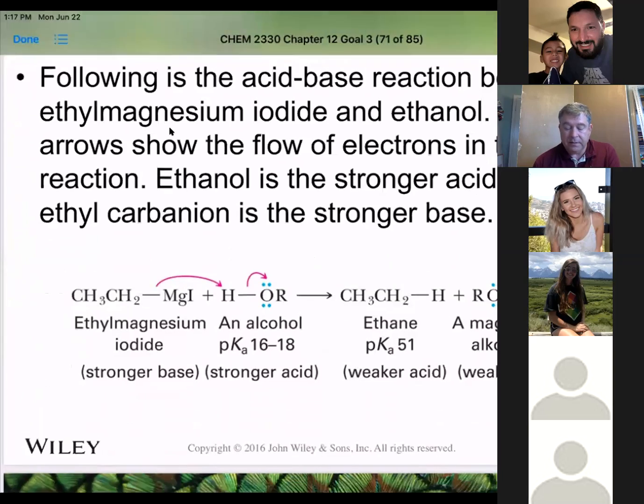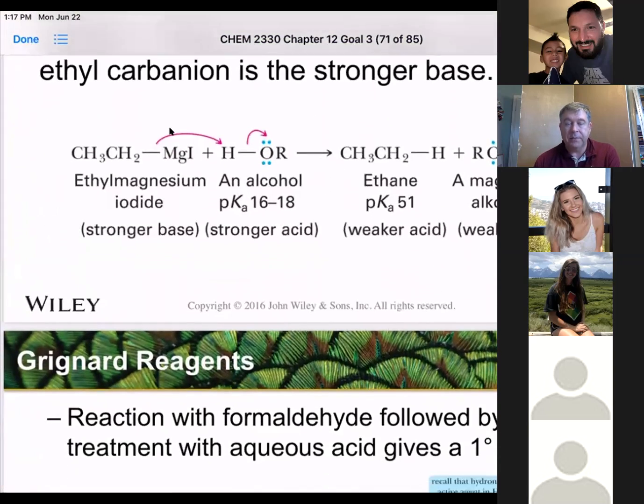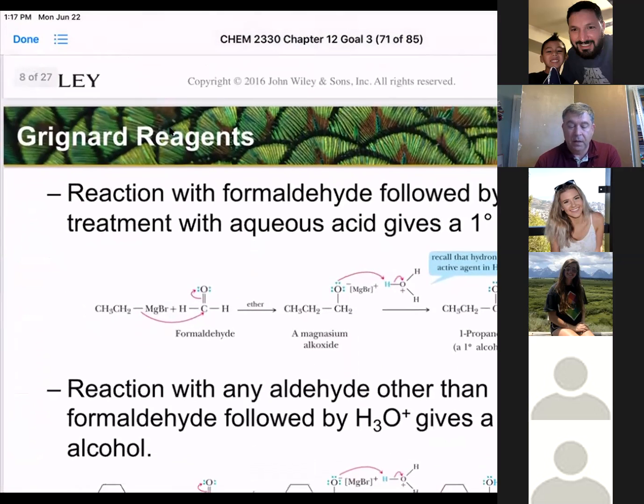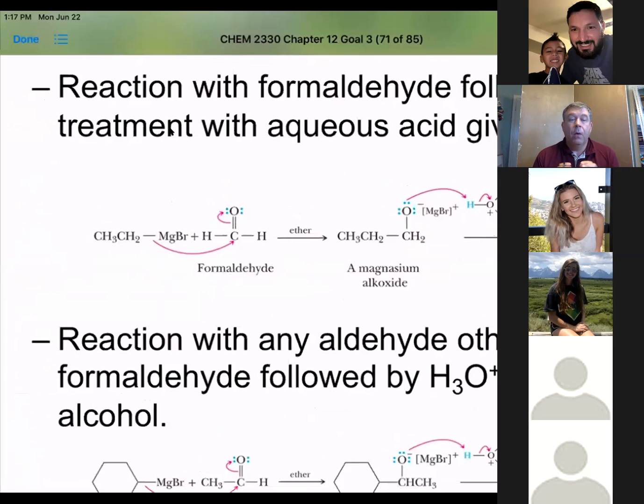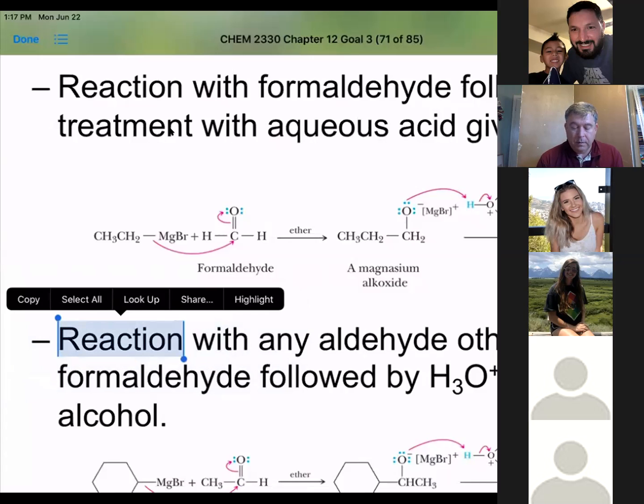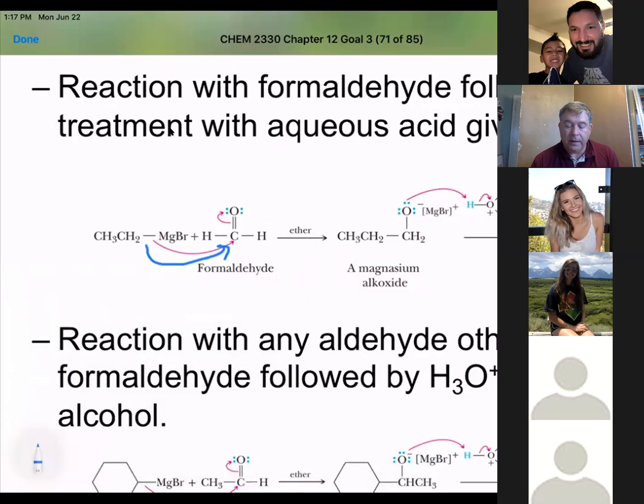However, in the presence of carbonyl compounds, we get something really cool happening. The first thing that happens when we treat something like formaldehyde, remember that's our simplest aldehyde, it has 2 hydrogens on it, is that the electrons from our carbanion will go and make a new sigma bond onto there and generate a negatively charged oxygen right here.